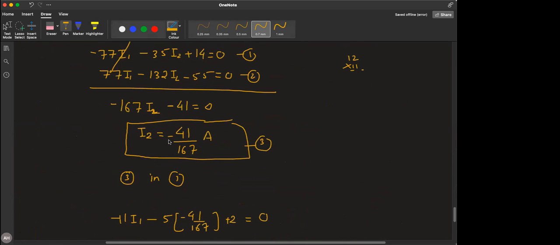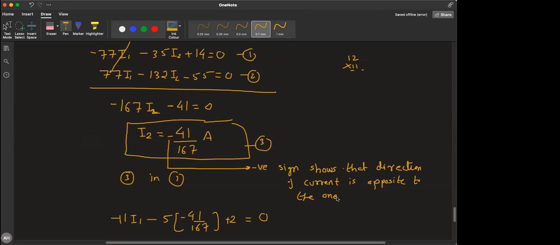So this negative sign shows that direction of current is opposite to the one we have assumed. This is right. This is the significance of negative sign.